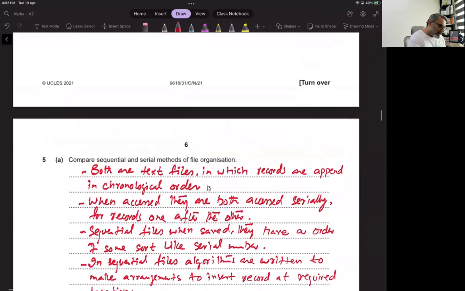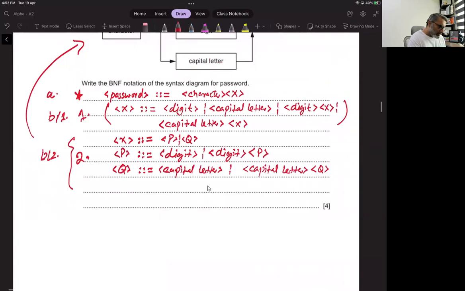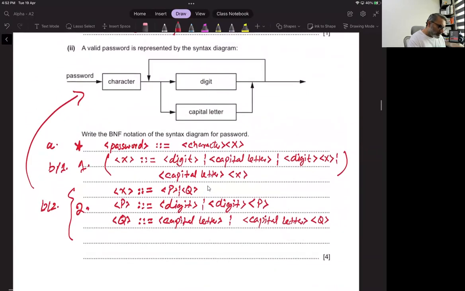Ahmad, you said that this one is wrong. So in the previous part, you started with capital letter instead of a character. No, I started the password as a character and X. And then I explained X. X is this.